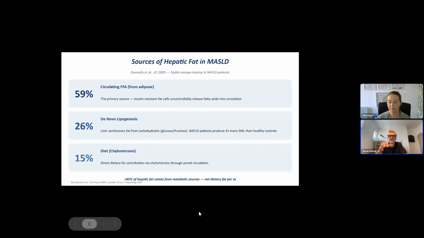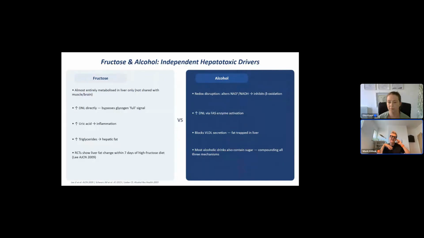So let's look at 2 specific compounds that relate very much to the liver, in the next slide as well: fructose and alcohol. These are also independent hepatotoxic drivers.